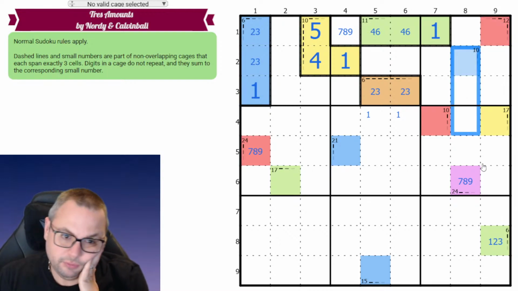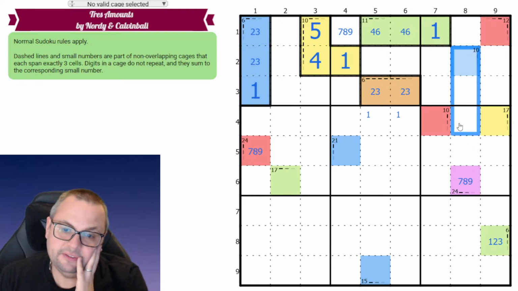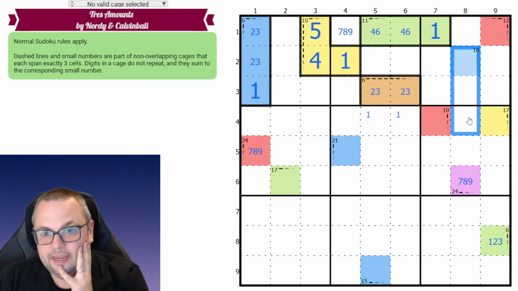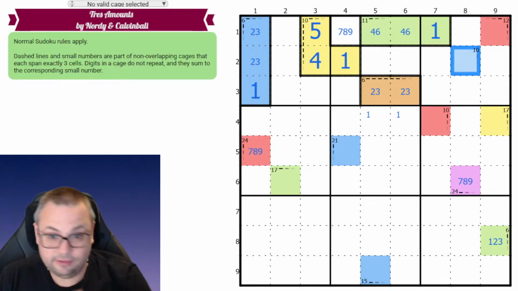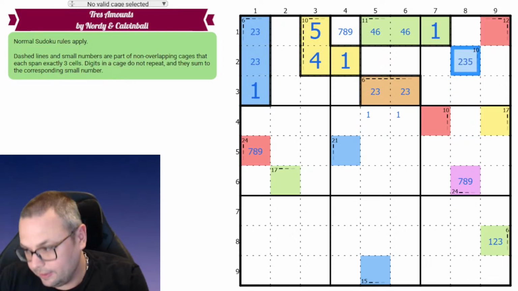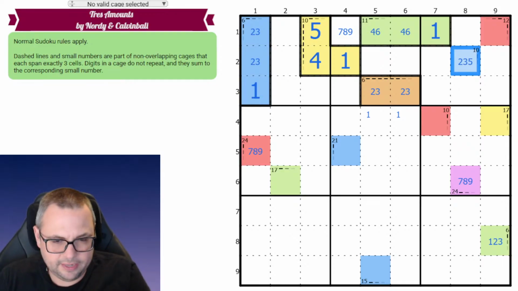This is always 2, 3, 5. Thank you, Emma. It's always 2, 3, 5 because the only place I can get out of the box is here, but that can't be 1 either because of that. So this is always 2, 3, 5. A 3-cell 10 cage with no 1 is always 2, 3, 5 is just one of the Sudoku facts.